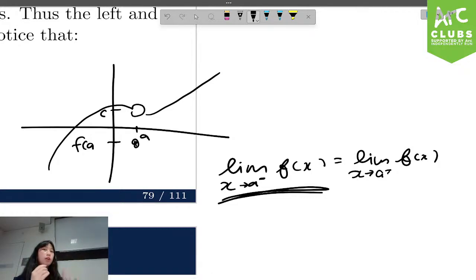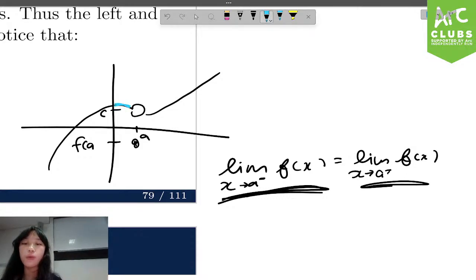They must both be an existing value, which means the function can't oscillate wildly at that point. It can't go to infinity or to negative infinity at that point. It has to be a real value. If both of these, when we approach from the left-hand side and from the right-hand side, approach the same value, which is also a real value, then we say that f of x has a limit at that point.